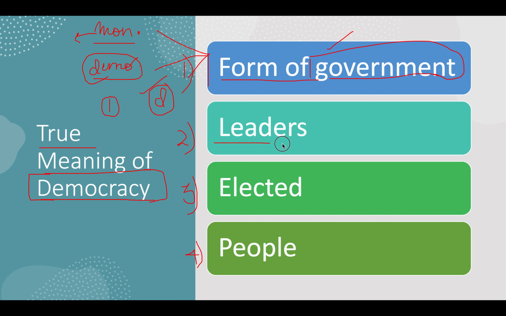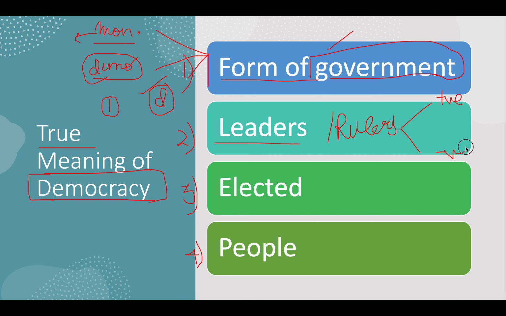Then we talk about leaders. There could be two terms, leaders or rulers, and this term could be used and misused as well. So there could be two meanings of leaders, in a positive way and in a negative way.